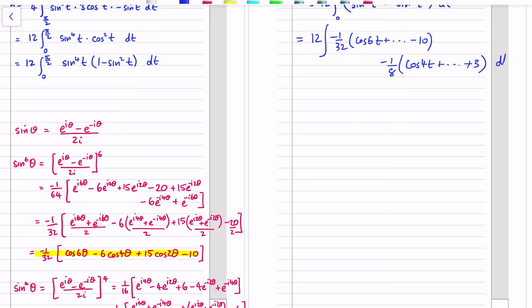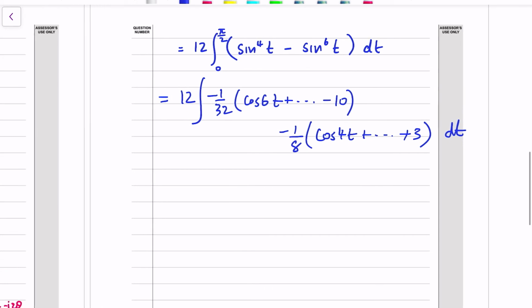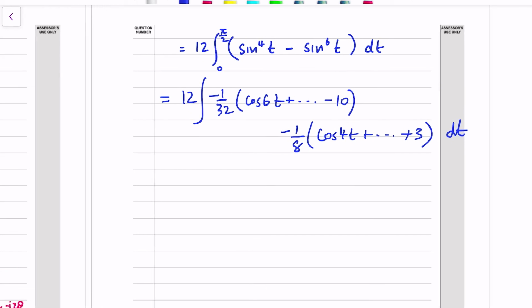Okay, integrating that with respect to t. When we anti-diff all these cosines, they're going to go back to sines of even multiples. And sines of even multiples, when we've got limits of pi over 2 and 0, are going to all go to 0. So if you want to do the integration, sure, but you're going to be subbing in a whole heap of times to get zeros.